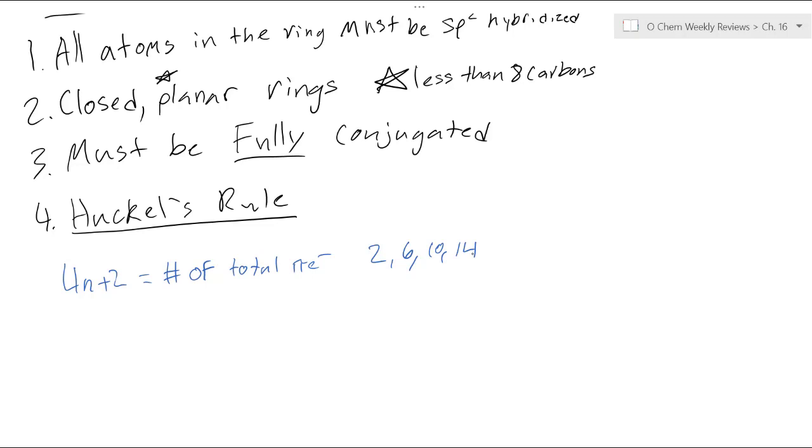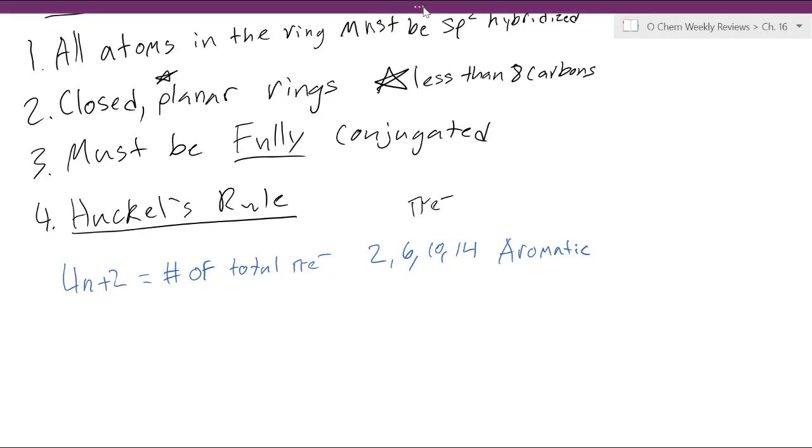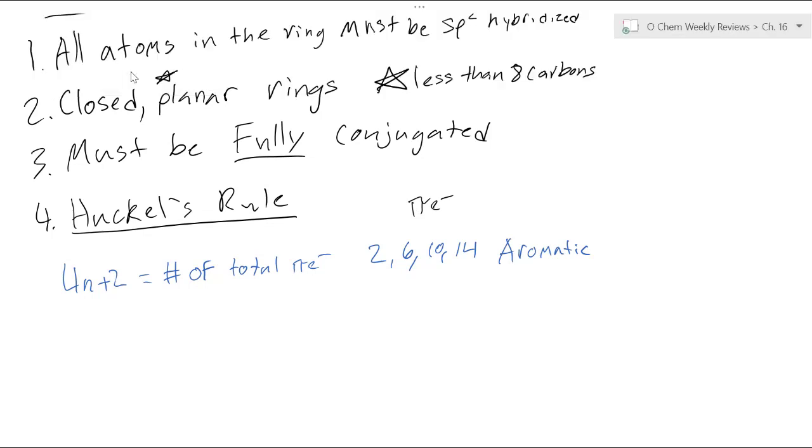All of these correspond to a stable form called aromatic. And again, all of these are pi electrons, and we'll talk about how to count pi electrons and how to apply this equation that we have.